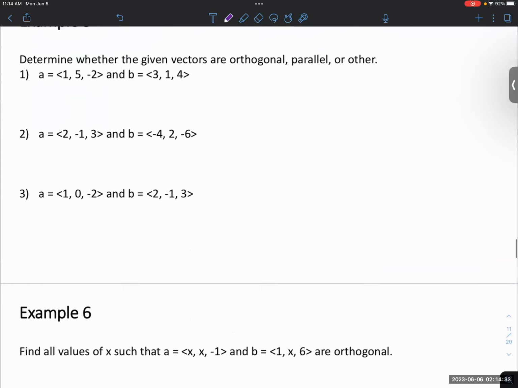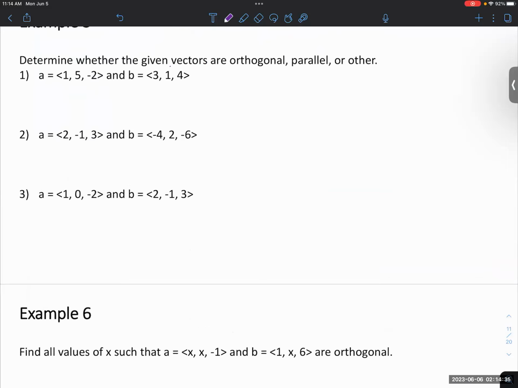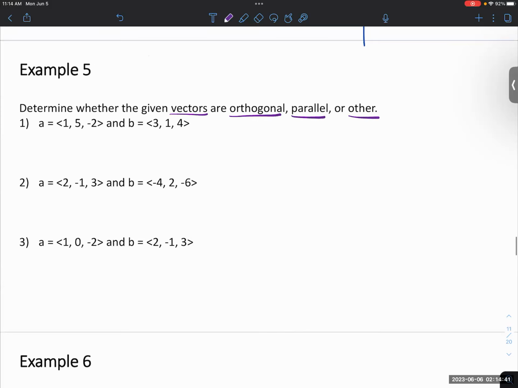Here, we're going to find out whether the given vectors are orthogonal, parallel, or neither. Always check orthogonal first: A dot V is 0. If you want to check parallel, A vector is going to be a scalar times the V vector. Otherwise it is neither.